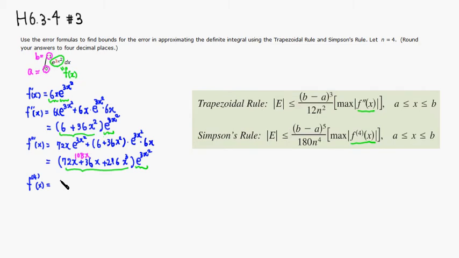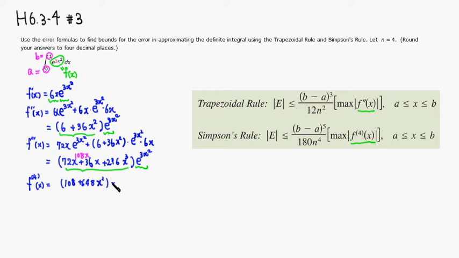If you take the derivative of that, you're going to get 108 plus 648x squared.